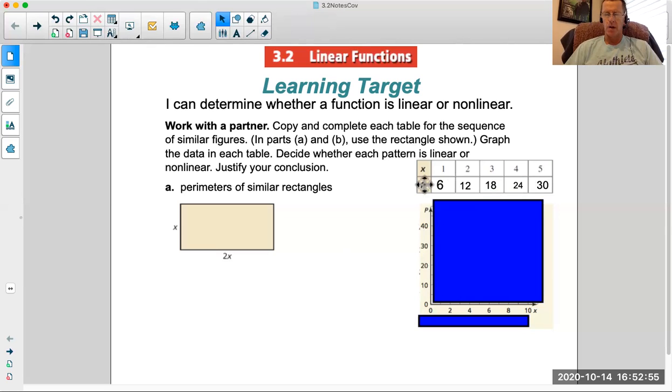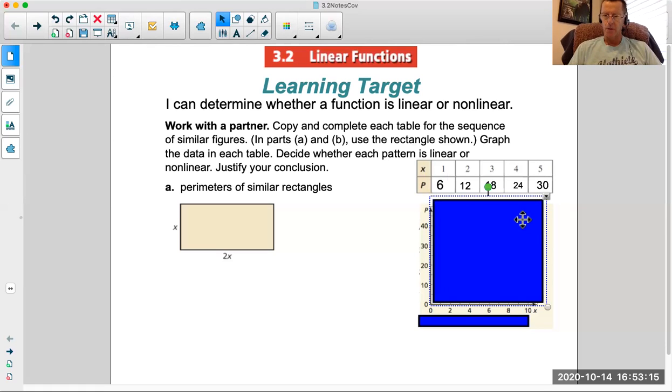X is 1, P, which is Y. See how the y-axis is labeled P for perimeter. Label those points: (1, 6), (2, 12), (3, 18), (4, 24), and (5, 30). Go ahead, pause the video.